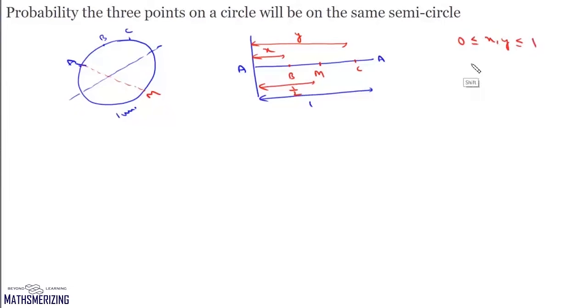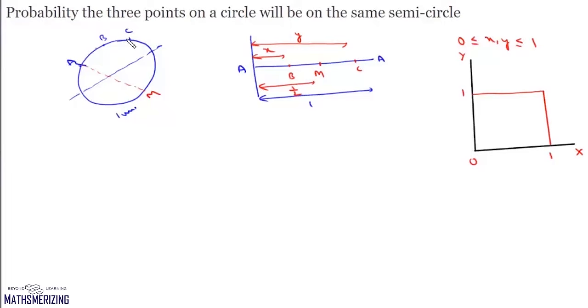So this entire sample space can be expressed as the square of area 1 unit. So this is 0, 1 and 1. This is x and say this is y. And all the points in this square will correspond to different positions of B and C.